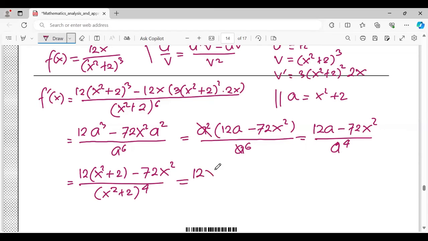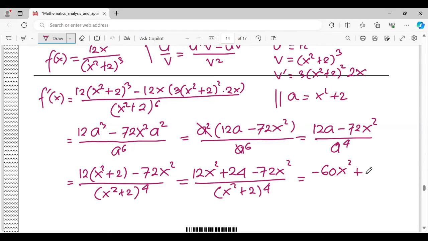Multiplying, 12x squared plus 24 minus 72x squared gives minus 60x squared plus 24 over (x squared plus 2) to the power 4.